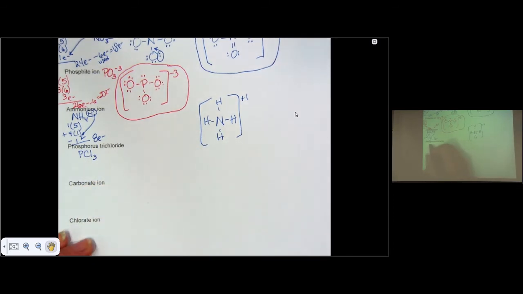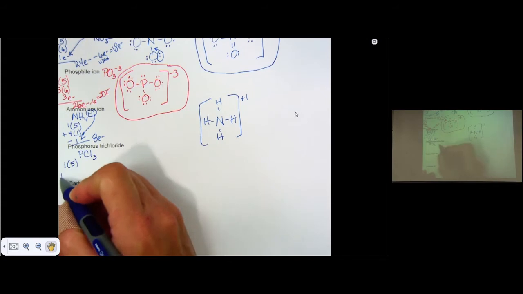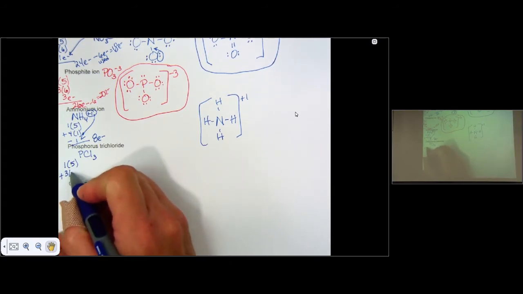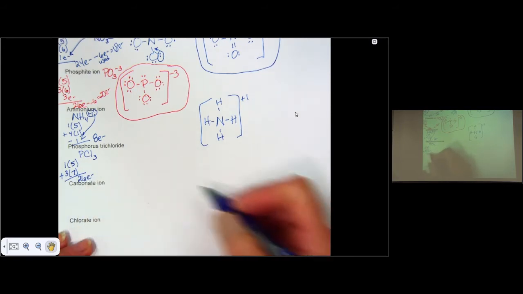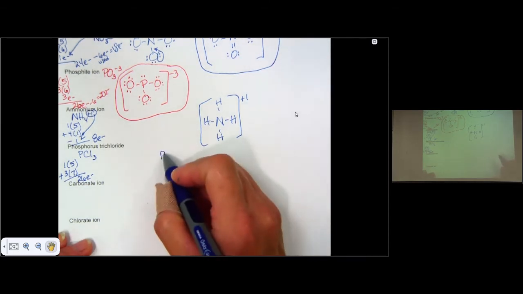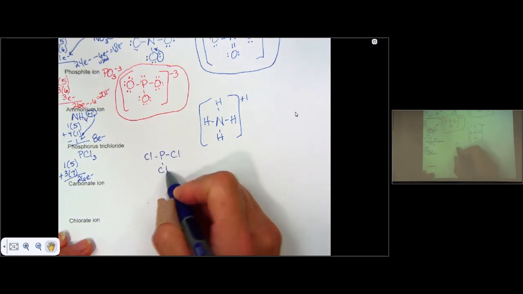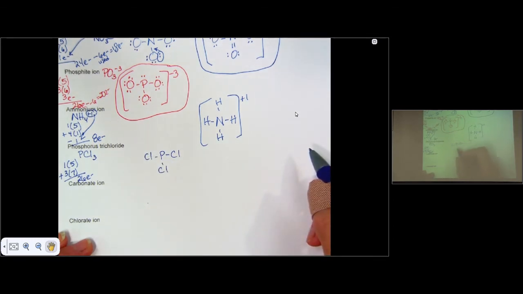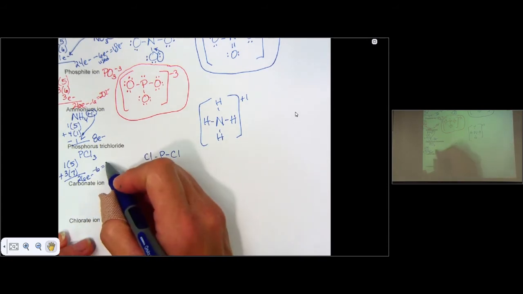So what's the formula? And then 1 times 5 plus 3 times 7, and that's a total of how many? 26 electrons, and you don't subtract or add. What's the central atom? P. Good. Single bond to the Cl's. How many does that take out? 6.